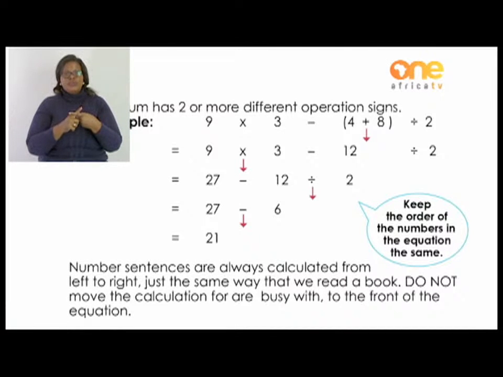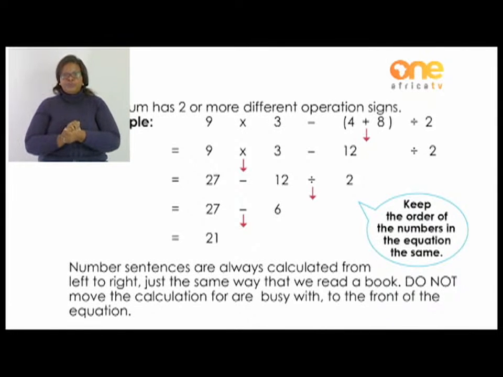So what is the answer to 9 times 3? 27. So we go to our next step: 27 minus 12 divided by 2. We continue, still according to BODMAS, so the next operation will then be division.